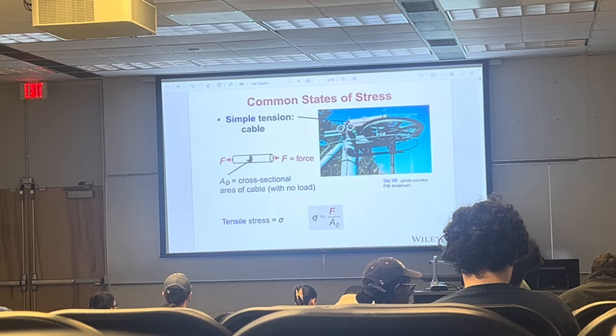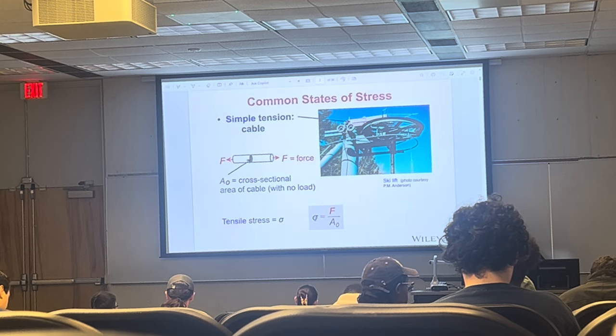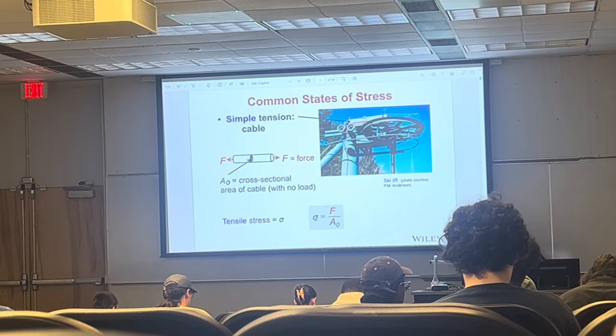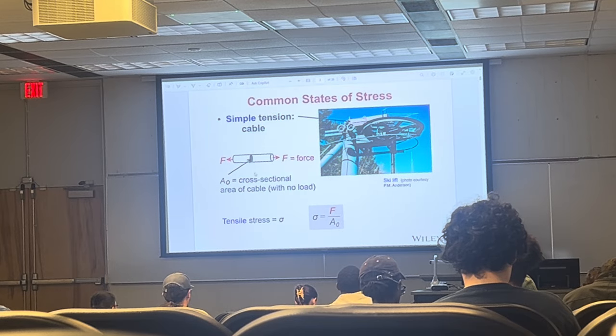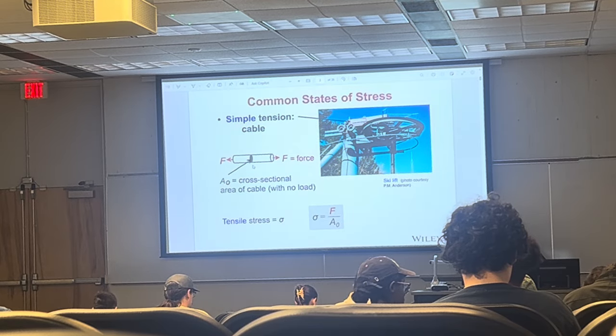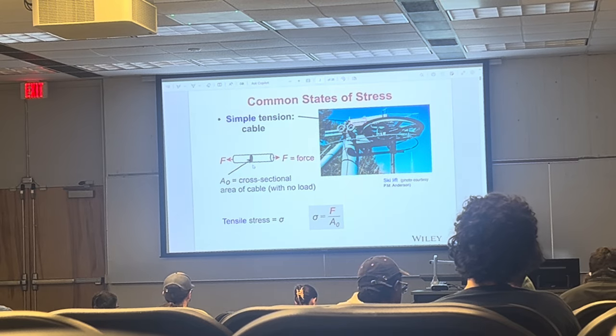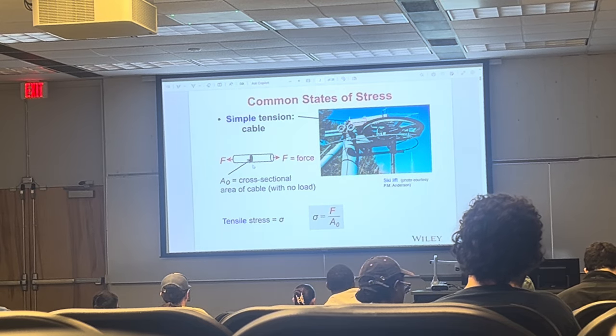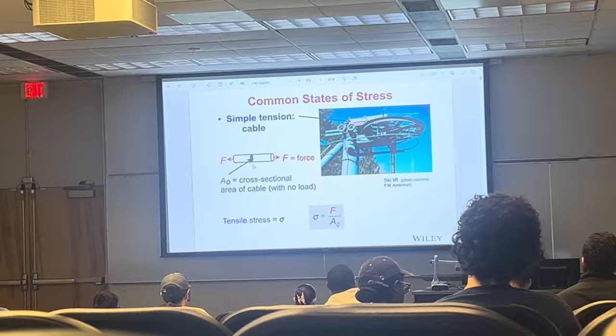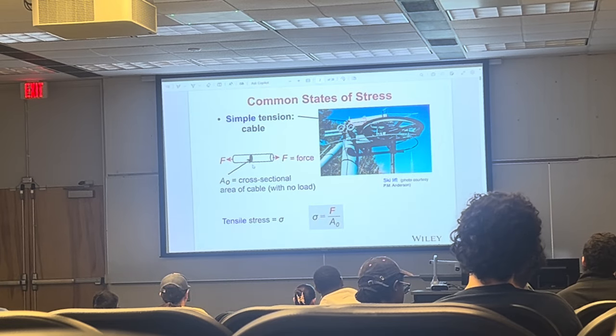When you see the letter sigma, it automatically implies that the stress is normal. So please write down sigma is normal stress. And it's equal to the force divided by the area that is perpendicular to that force. And what is a force? Mathematically, okay. Is it a scalar? Is it a vector?